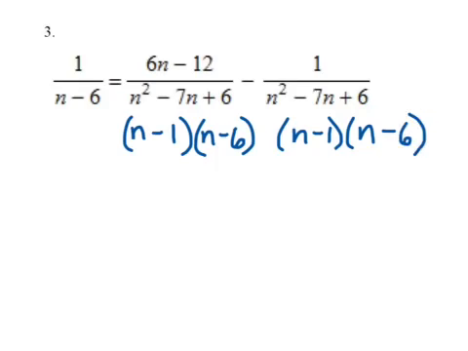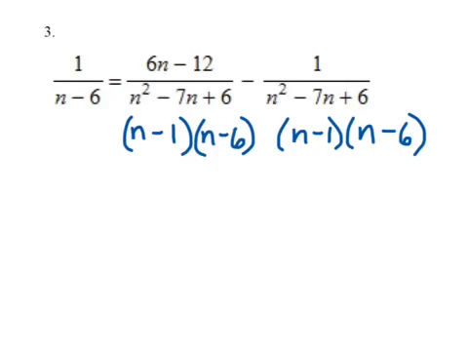Well, in order to determine our LCD, let's look at all the denominators. The n minus 6 times n minus 1 in both fractions on the right side of the equation. However, n minus 6 is missing on the left side of the equation. It is missing a factor that these denominators have.